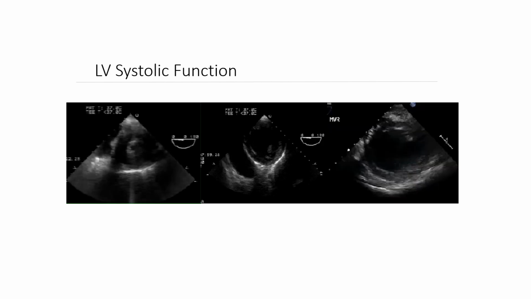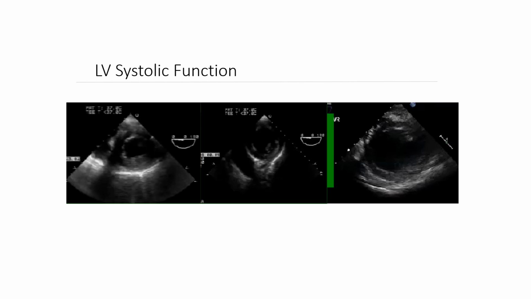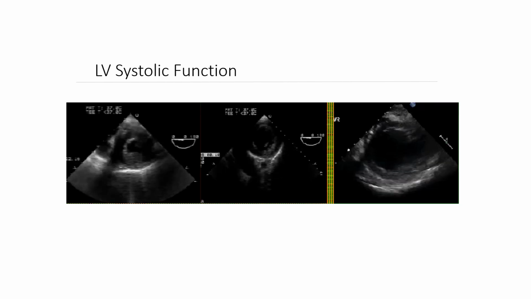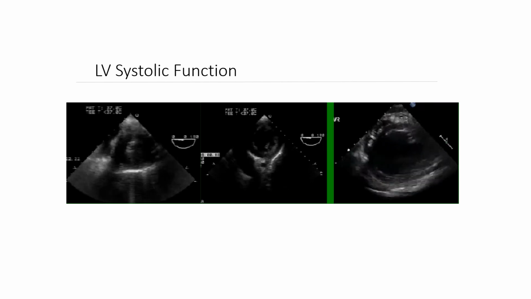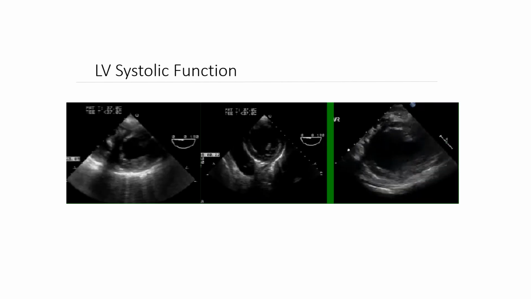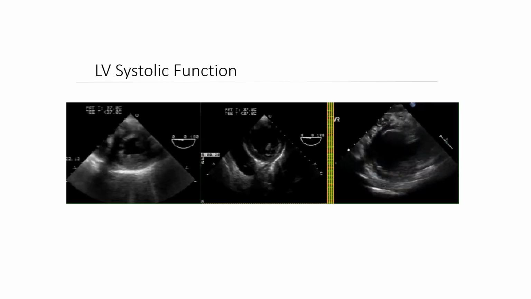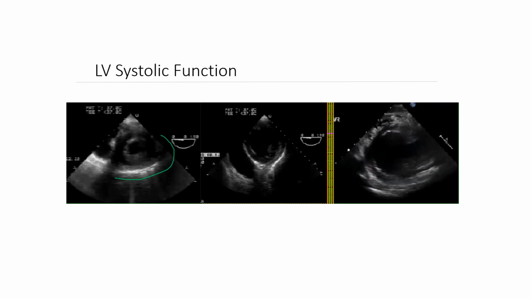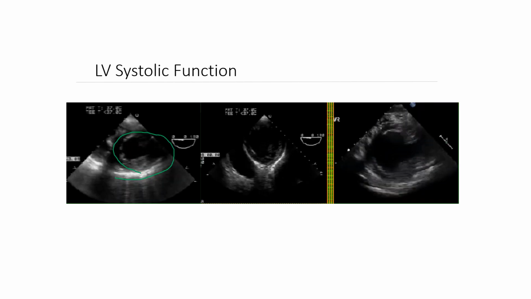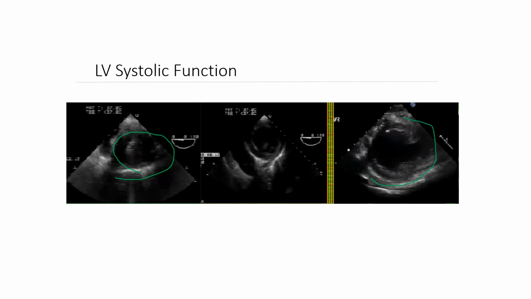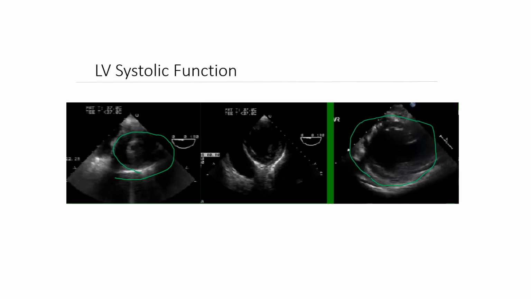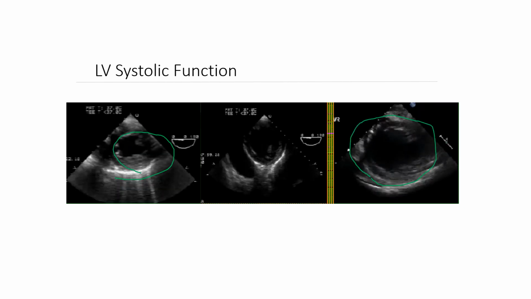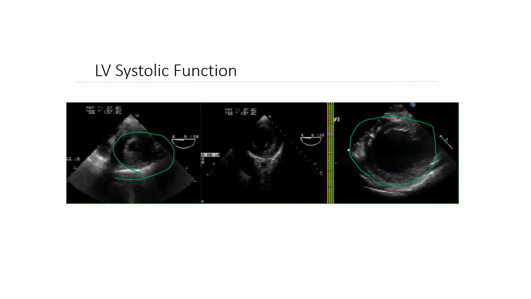Starting with the calibrated eyeball or visual estimate, you can see here what a hyperdynamic ventricle looks like, what a relatively normal ventricle looks like. So this one's a little hyperdynamic. This one has severely reduced systolic function, and the one in the middle is what looks like a relatively normal EF.